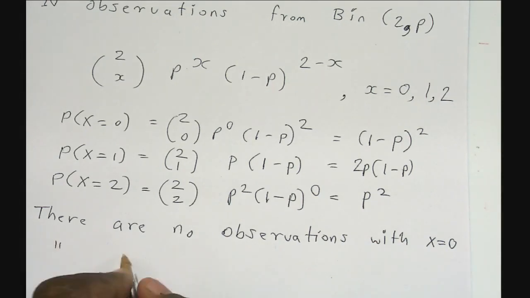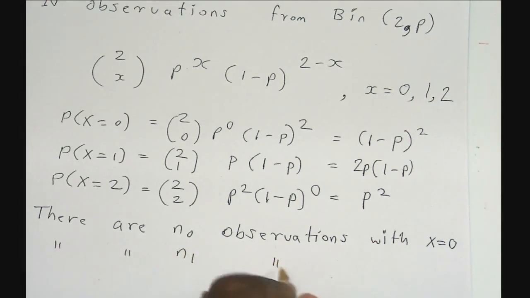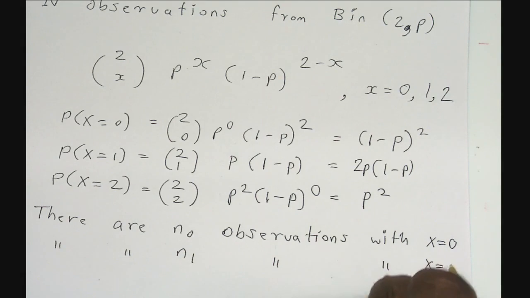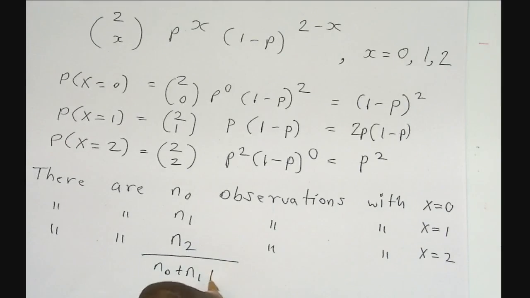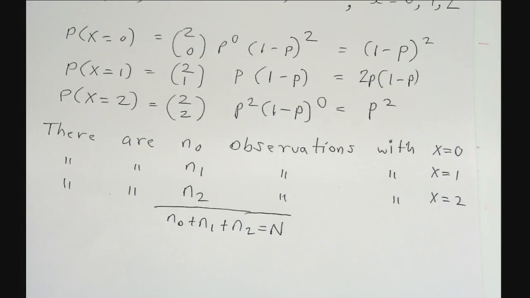And it also said there are little n1 observations with x equal to 1. It also said that there are little n2 observations with x equal to 2. So the total number is n0 plus n1 plus n2, which is equal to capital N. Alright, this is what the question said, if I remember correctly, guys.